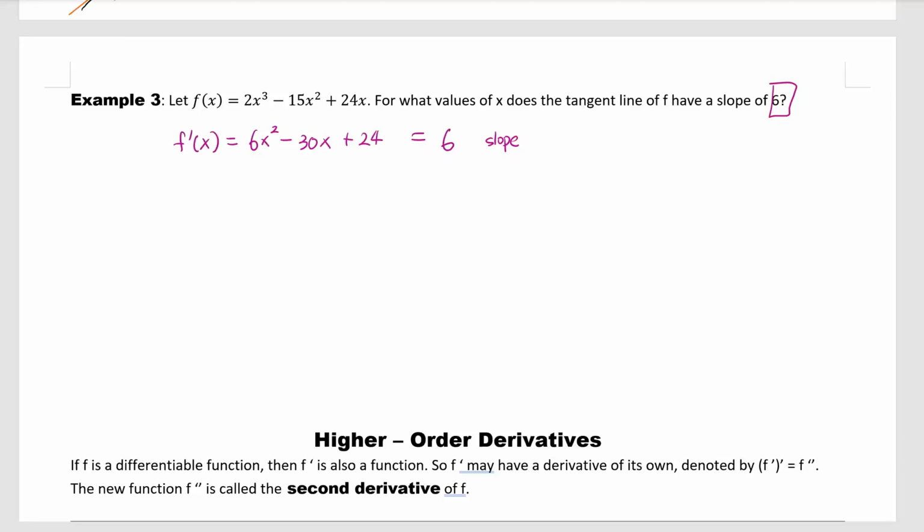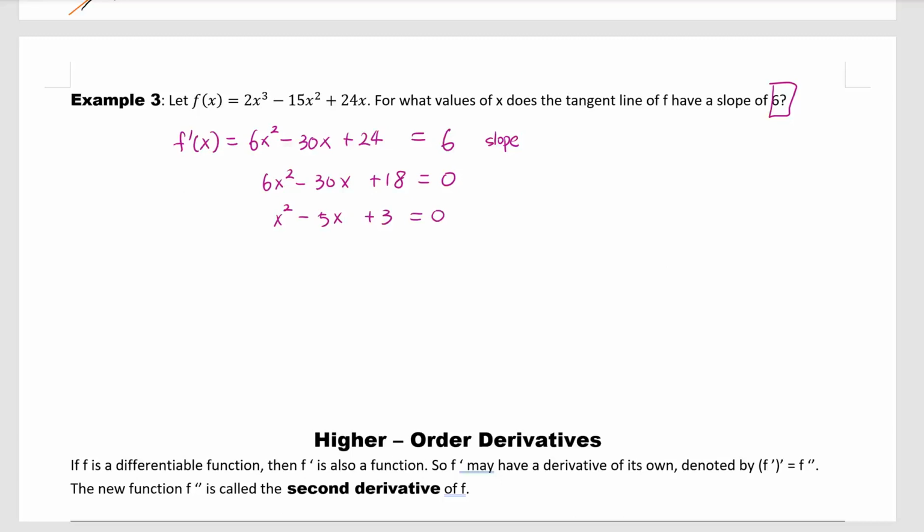How do we solve quadratic functions? We move all the terms to the left hand side. So we have 6x squared minus 30x plus 24 minus 6, which is 18. Can you see 6 is a common factor? Let's divide it by 6 and simplify it. This is x squared minus 5x plus 3.